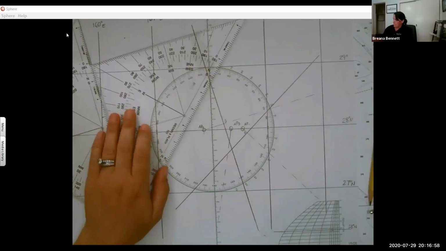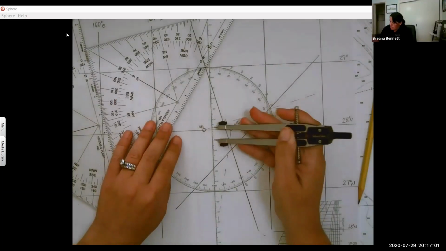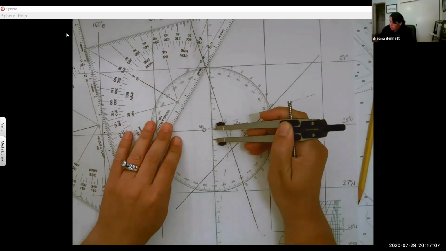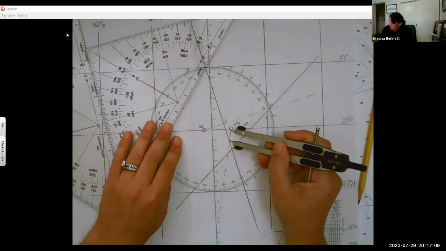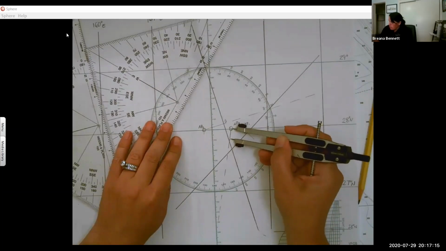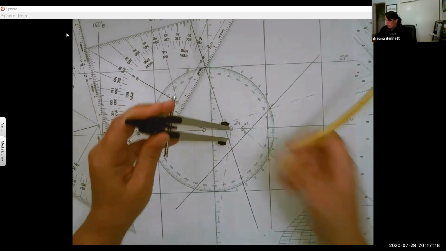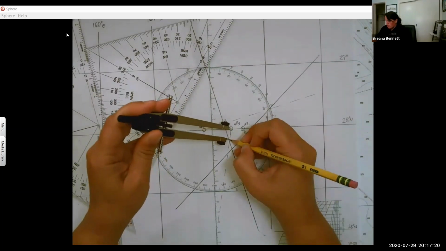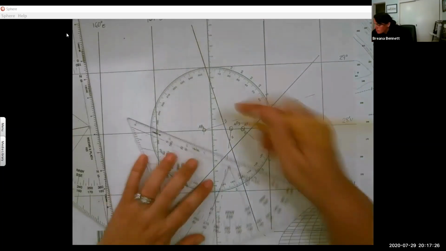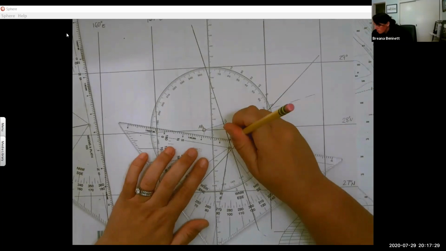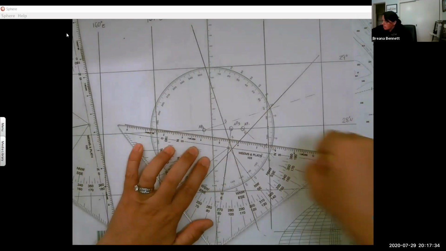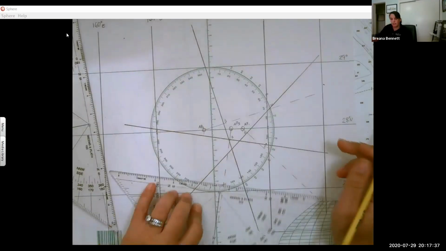See, this isn't going to be an exact triangle, but let's see what happens. Or exact pinwheel, which I thought it would be. Oh, it is not. So here is my intercept. And there is my LOP.